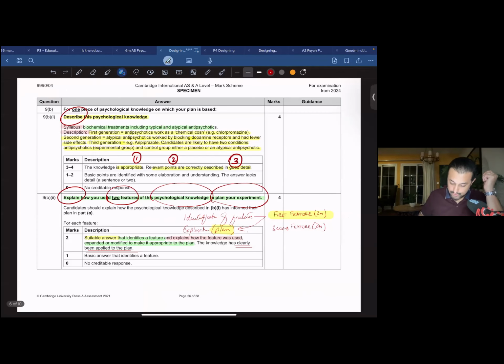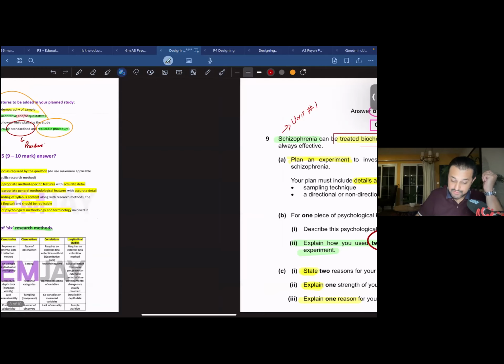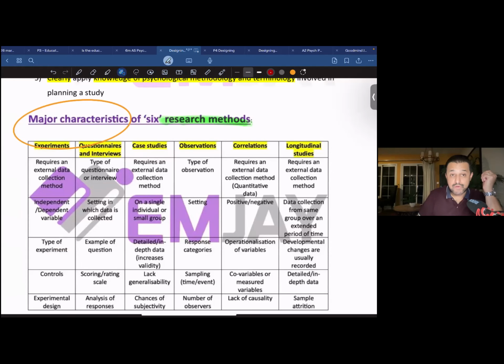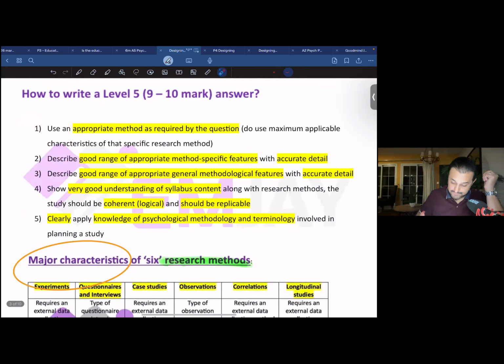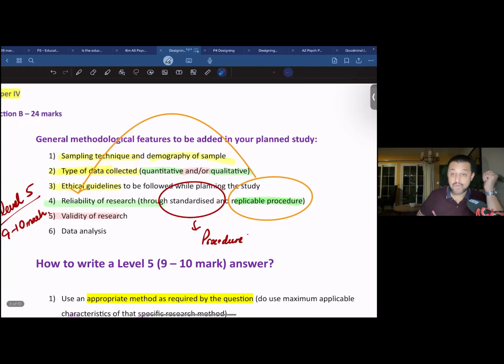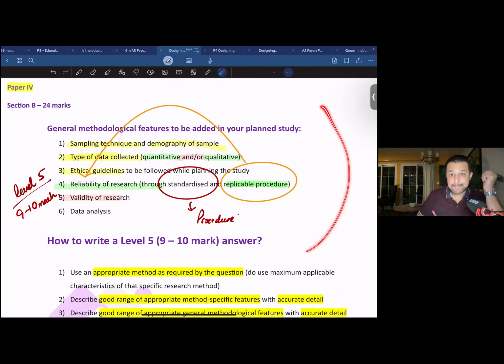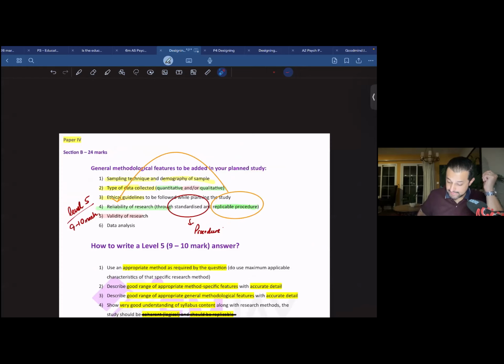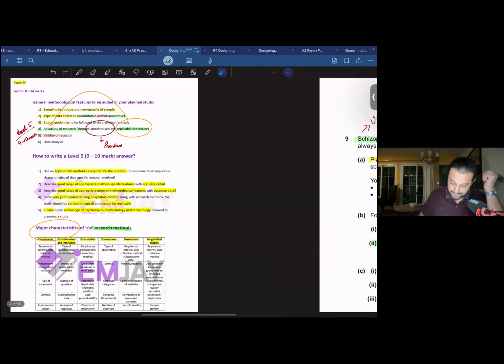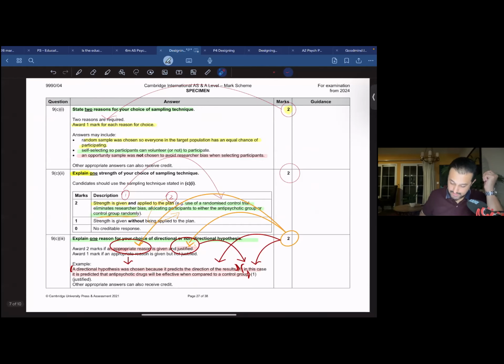Wait, let me show them to you. These are method specific features, right? And these are general features. Right, now taking this ahead, where was I?